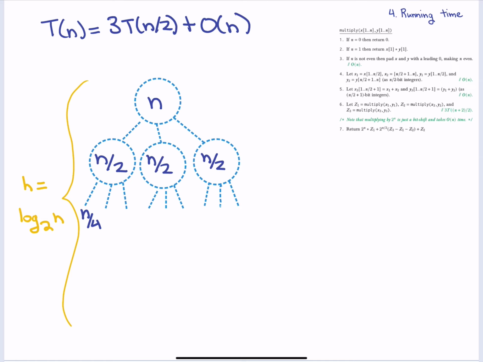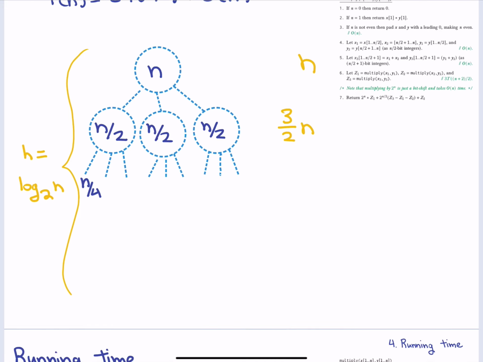What's the total work at the top level? n. What's the total work at the second level? 3/2 times n. And what would be the third level? Yeah, 9/4 n, or (3/2) squared n.